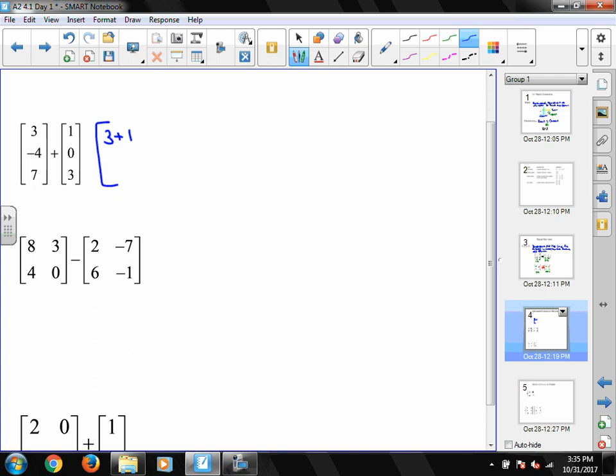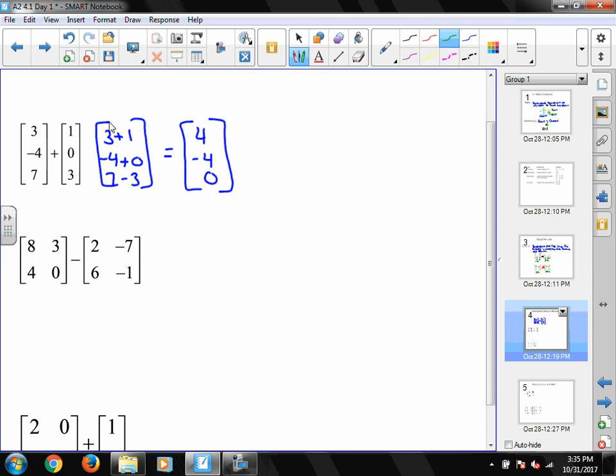So I'm going to add 3 plus 1, -4 plus 0, and 7 minus 3. Then I just add all those up. I'm going to stay in my column matrix, so I'm going to get 4, -4, and 4. So not much to it, just really adding entry by entry.